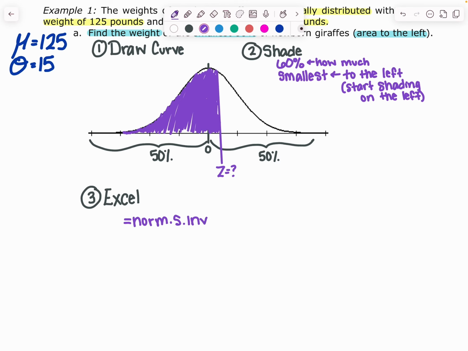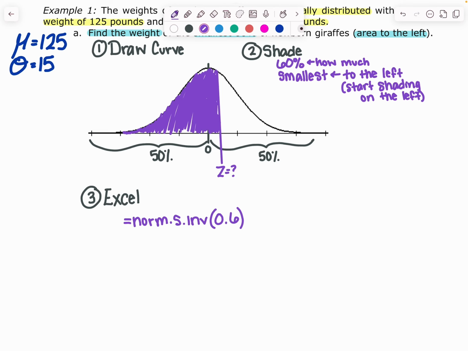norm.s.inv, because we're doing the inverse. We're doing the opposite of what we were doing before. Before we were finding the probability, now we are using the probability. I'm going to open parentheses, and the only thing that I have to put into norm.s.inv is the area to the left of the z-score that I'm trying to find.